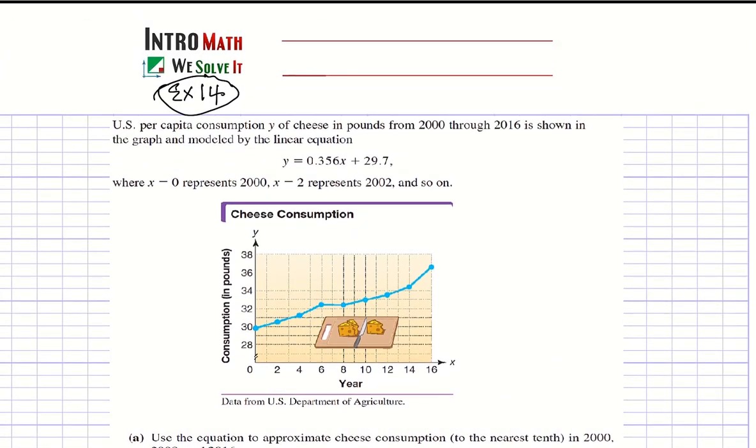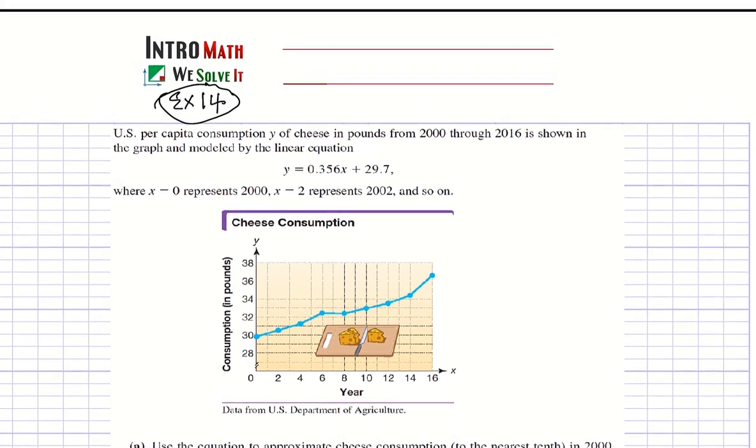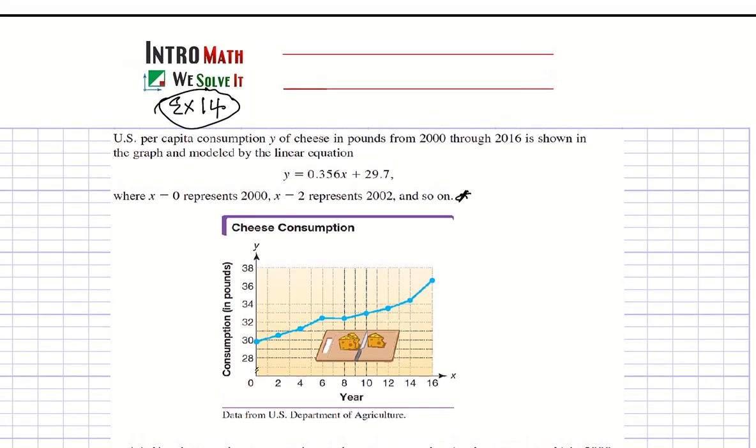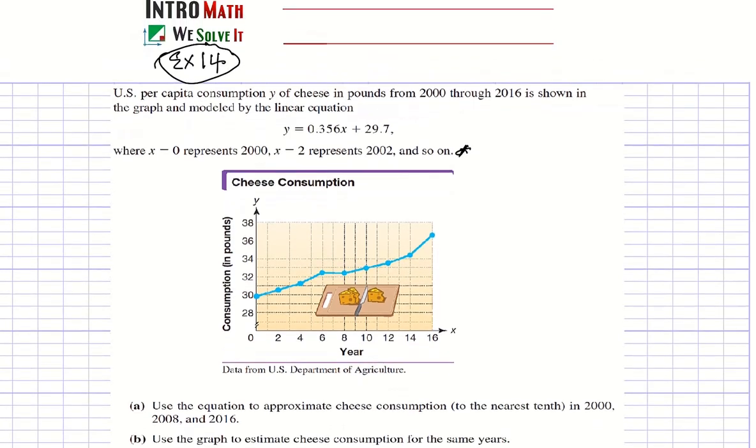So this one cannot throw me off. But again, you see what a linear equation can do in two variables. X is over here, y is over here. Y is consumption, x is year.